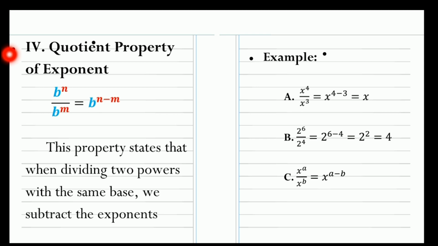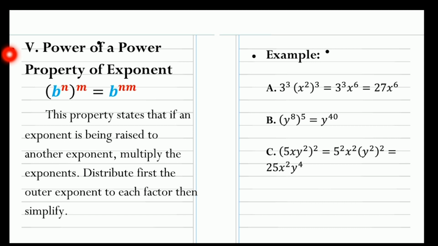For example, x raised to 4 over x raised to 3 is equal to x raised to 4 minus 3, which is equal to x. 2 raised to 6 over 2 raised to 4 is equal to 2 raised to 6 minus 4. Then it is 2 raised to 2, which is equal to 4. x raised to a over x raised to b is equal to x raised to a minus b.